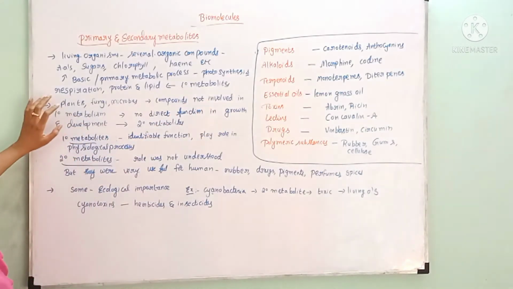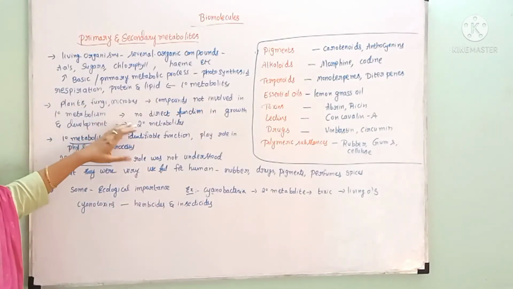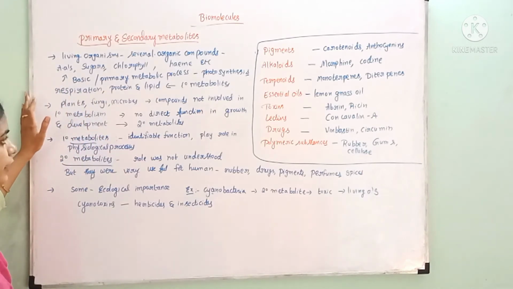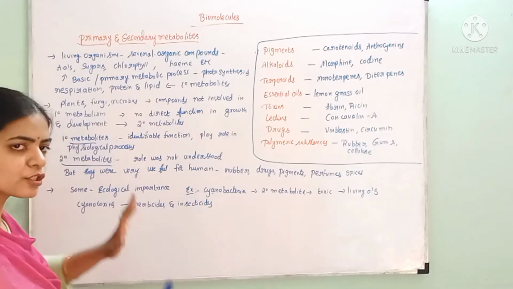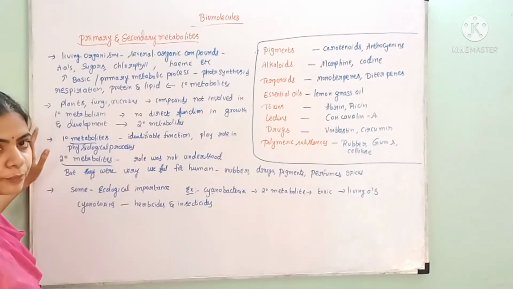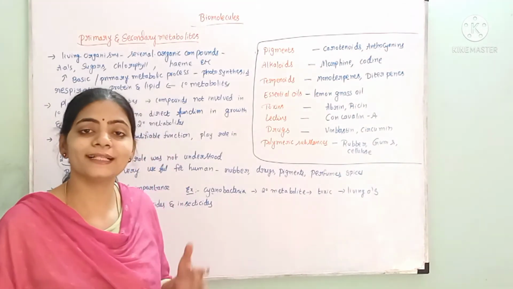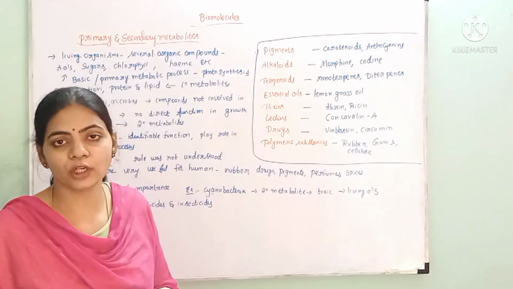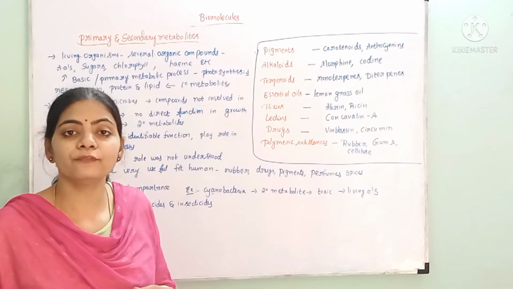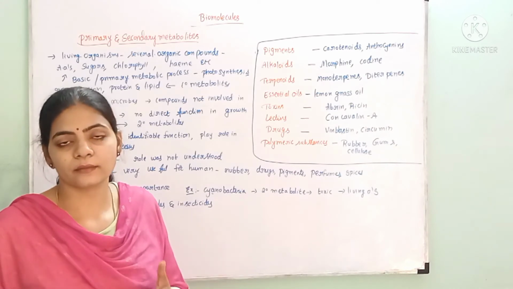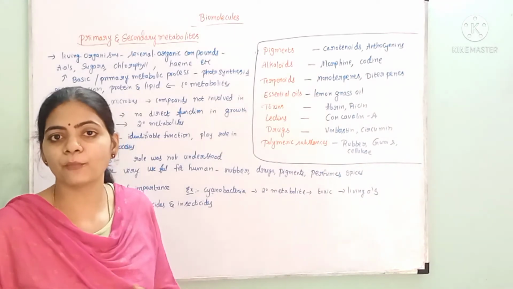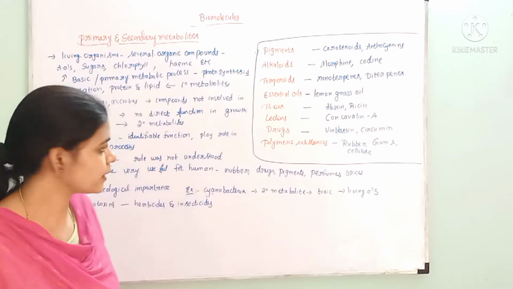But some plants, some fungi and various microorganisms produce other compounds which are not involved in primary metabolism. Primary metabolism is helpful in the growth and development of the living organism, the basic metabolic process, right?